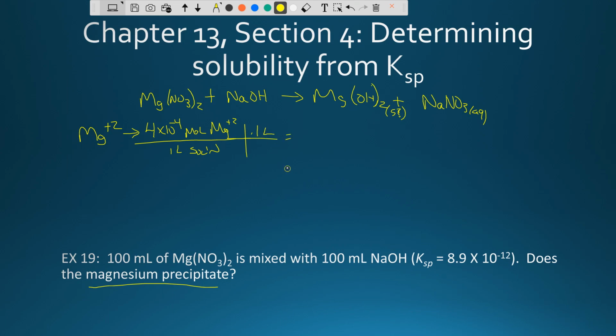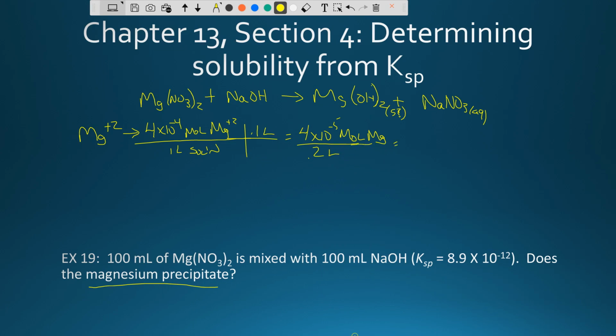And so I end up with 4 times 10 to the -5th moles of magnesium. Now be careful, because that's moles of magnesium, and we have to get that into liters of solution. So moles of magnesium divided by 0.2 liters of solution.